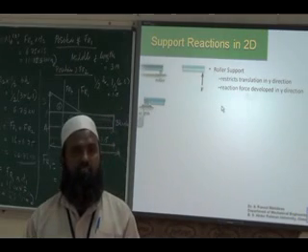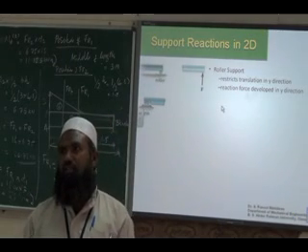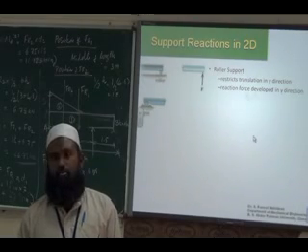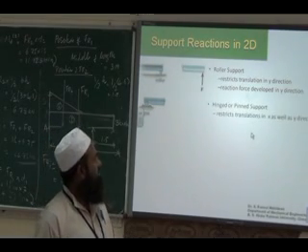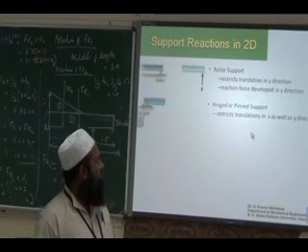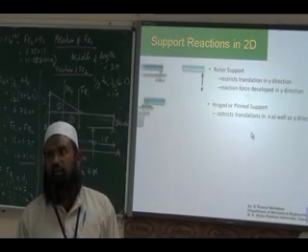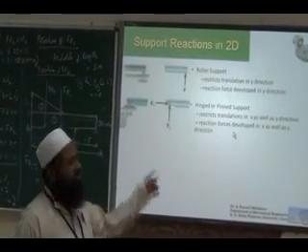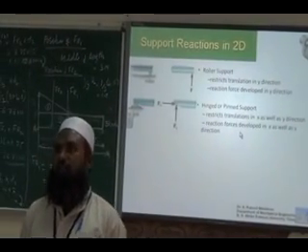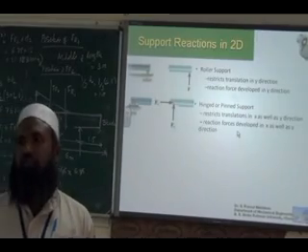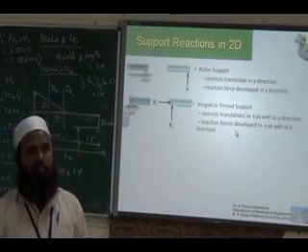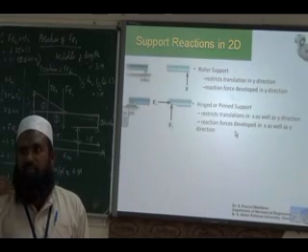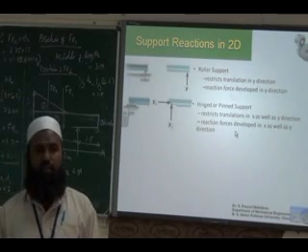X and y translations are arrested, but free rotation is there. Okay? Hinged or pinned support restricts translation in the X and Y directions. So reactive forces in the X and Y directions are developed. As there is a restriction, reactive forces are developed.